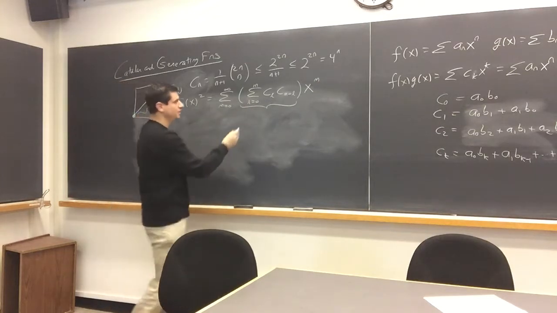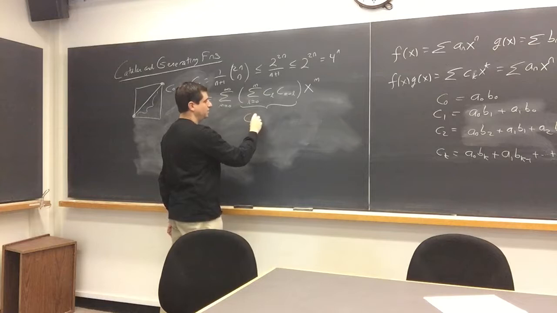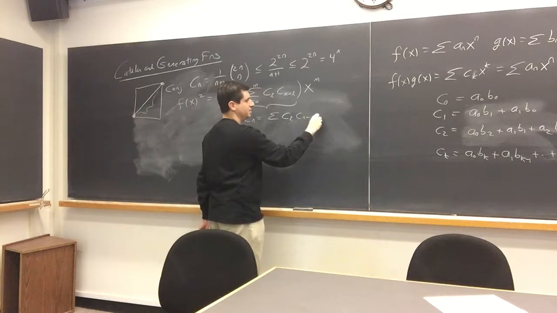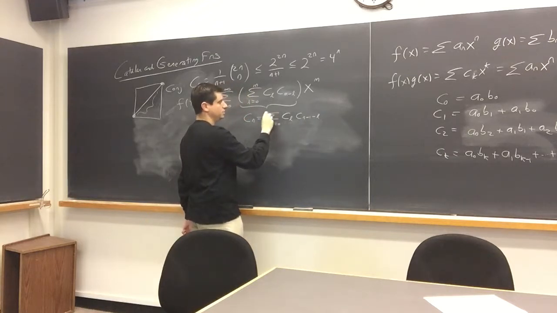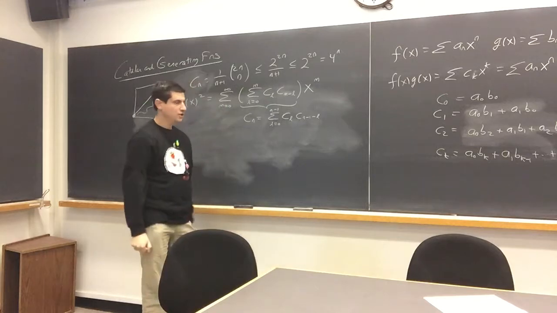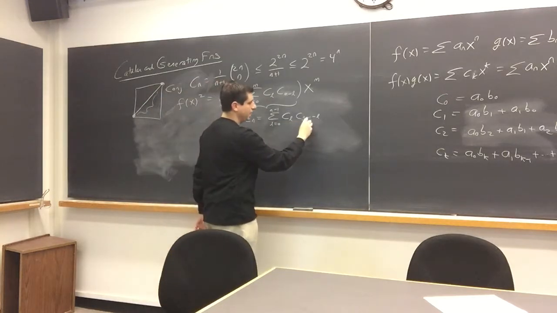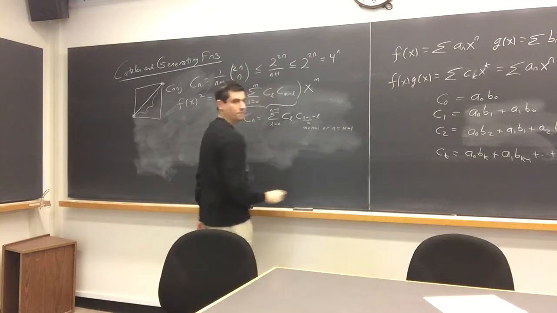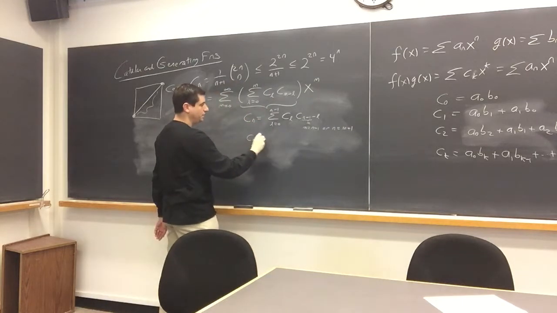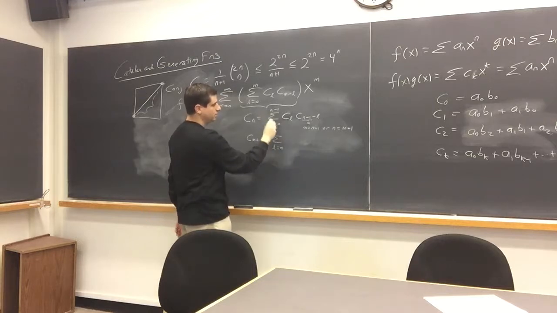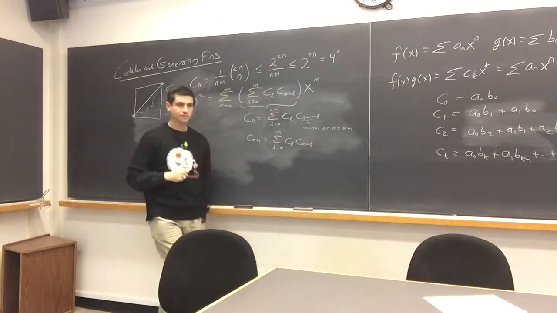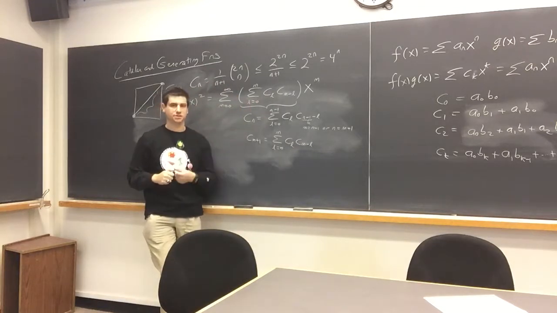So our recurrence is that c_n was the sum of c_l c_{n minus 1 minus l}, l goes from 0 to n minus 1. So if we want n minus 1 to be m, then m is equal to n minus 1, or n is equal to m plus 1. So we then just get c_{m plus 1} is the sum l goes from 0 to m of c_l c_{m minus l}. So it's just playing games with the indices.